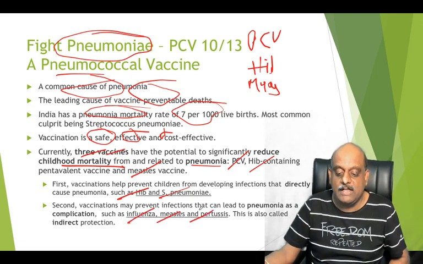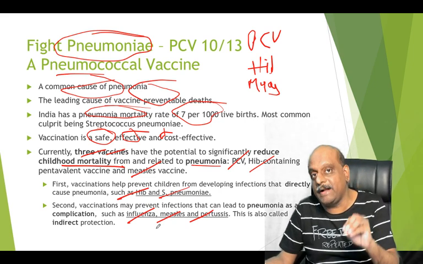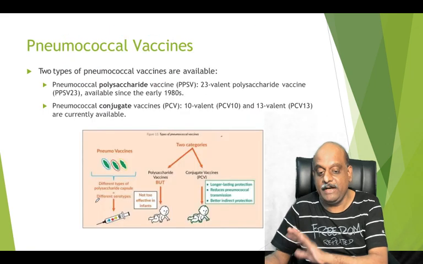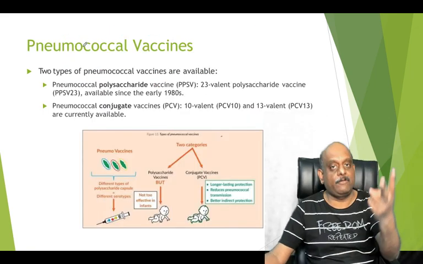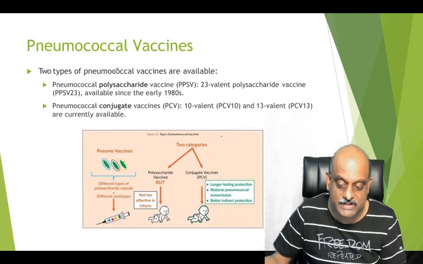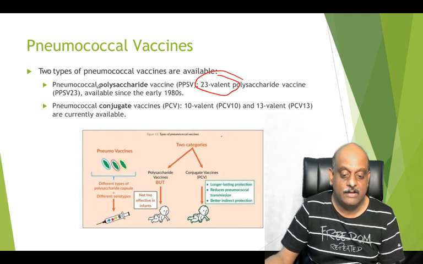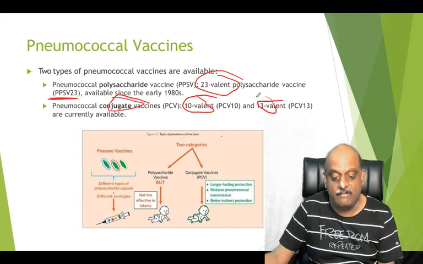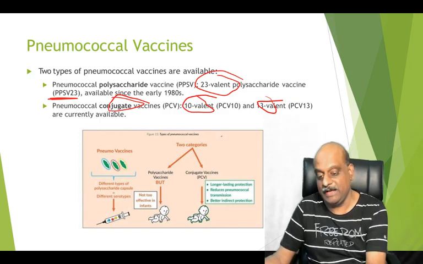Whereas influenza, measles, pertussis indirectly cause pneumonia, and they are also vaccine preventable. Now, we have just discussed 2 types of pneumococcal vaccine: 23 valent, PPSV 23, and conjugate type, 10 valent, 13 valent, which is available.